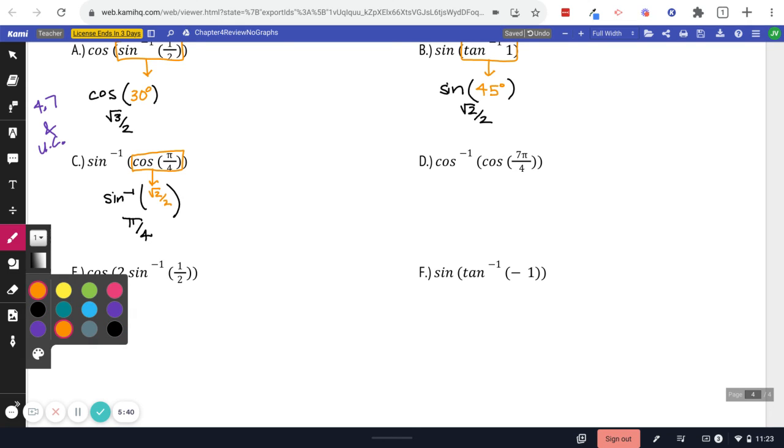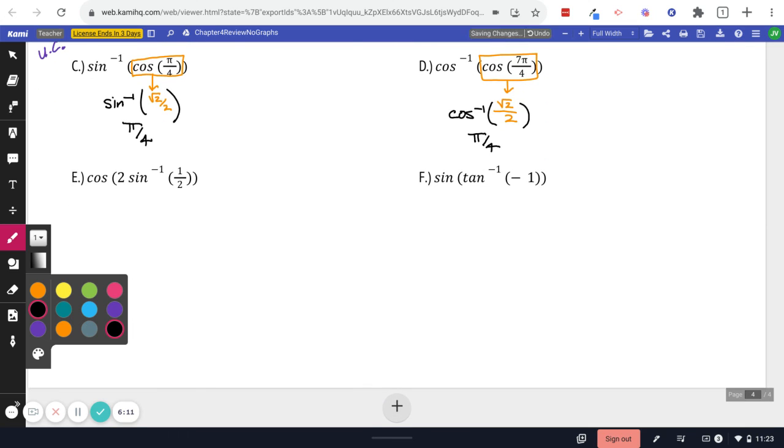Cosine 7 pi over 4 is root 2 over 2. And then cosine inverse of root 2 over 2, we find root 2 over 2 in our cosine column in the places that we can choose for inverses, and it's pi over 4.